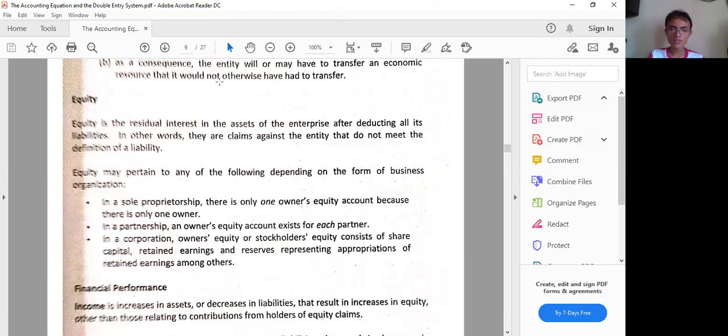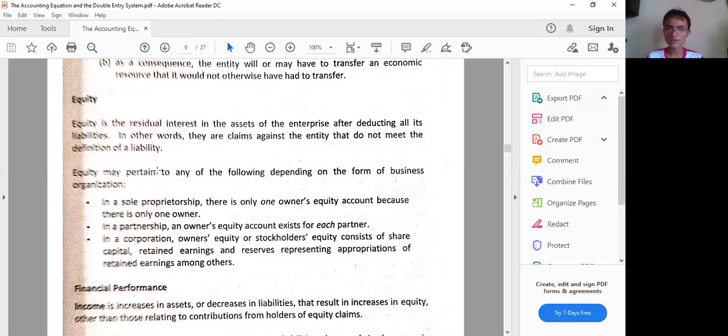On the other hand, the third accounting element is equity, which means the residual interest. Residual comes from the word residue. I've discussed this in the discussions of the conceptual framework. Allow me to repeat it again: it is what is left after we deduct liabilities from the assets. These are the claims against the entity. So if assets are on the left side, the right side would be the liabilities and equity.